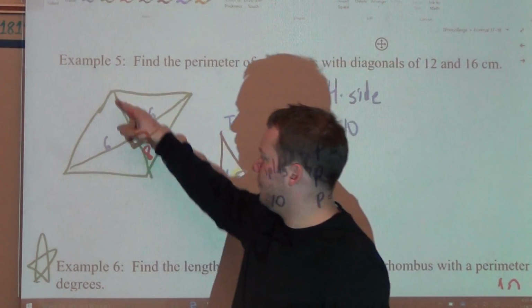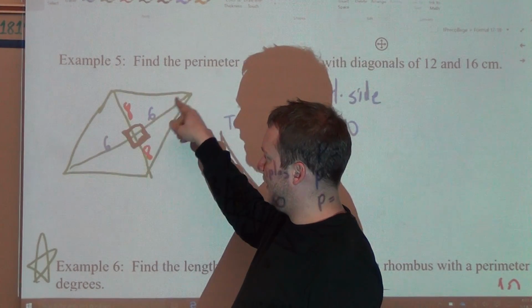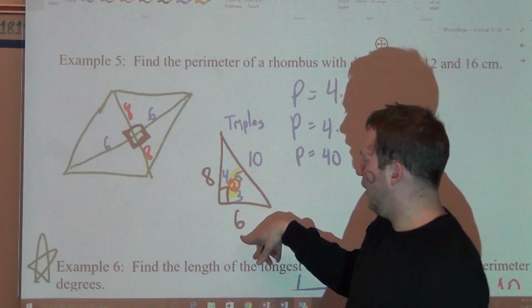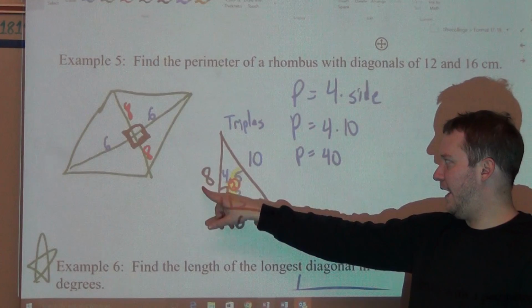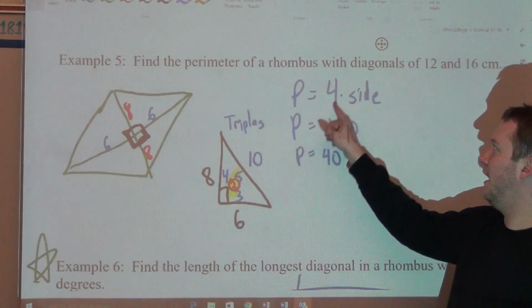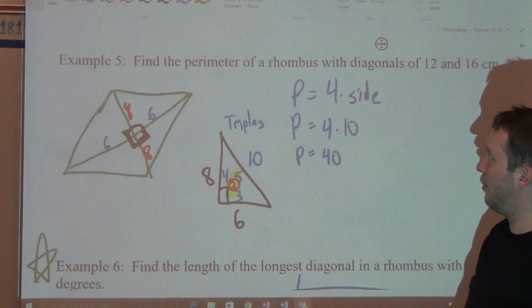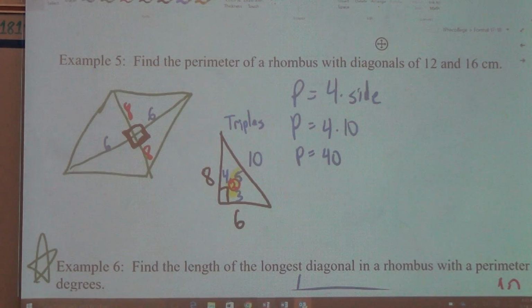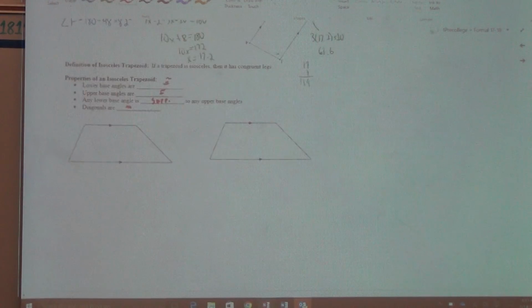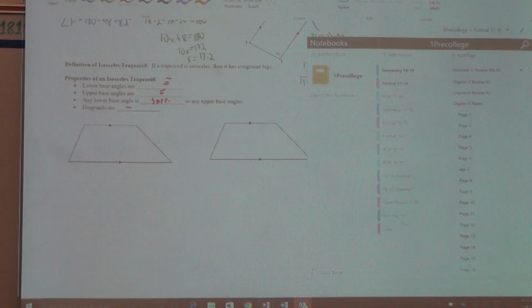We do know the diagonals are perpendicular, and that's what makes a right triangle here, which unlocks Pythagorean triples. We can work with the 6 and the 8, with the 3, 4, 5 triangle, to get a 10, and then 4 times the 10 to get 40. There are units on here, so we should make sure to include them.